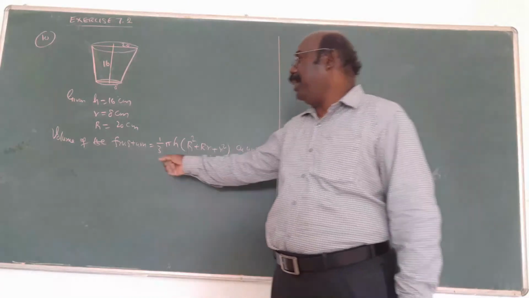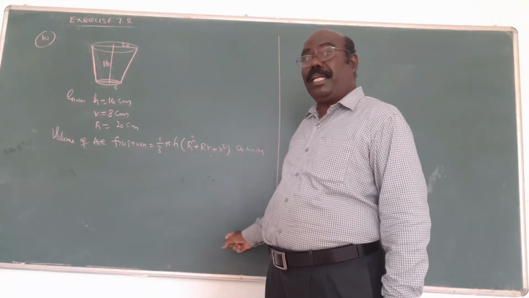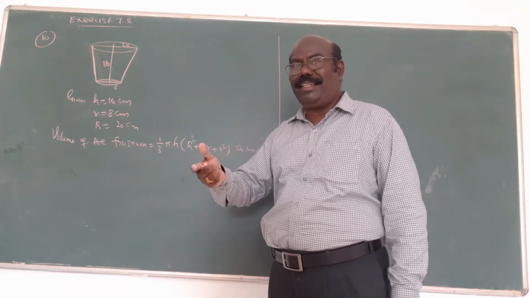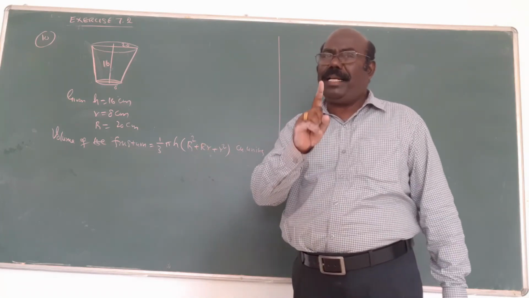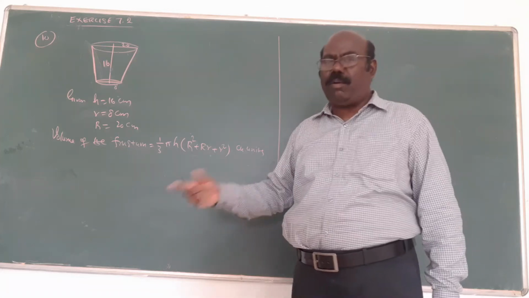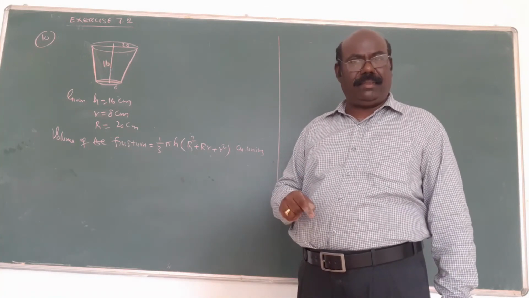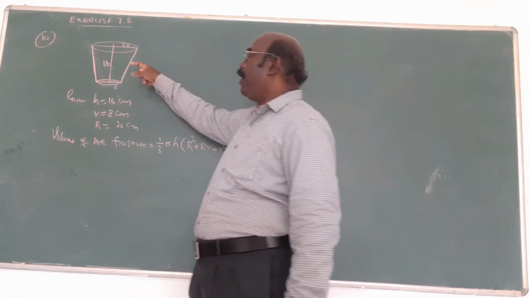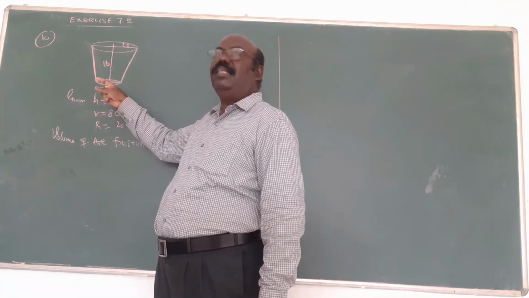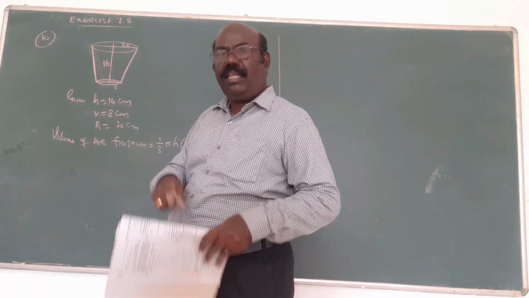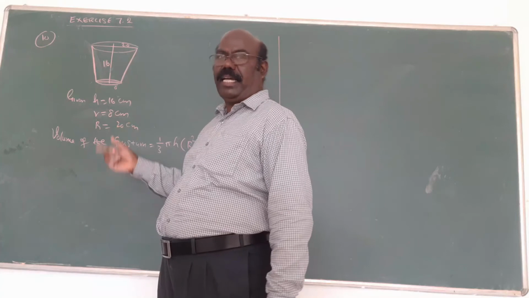After finding the volume in centimeter cube, it is converted to liters. The cost of 1 liter is 40, so multiply by 40 and that is the answer.